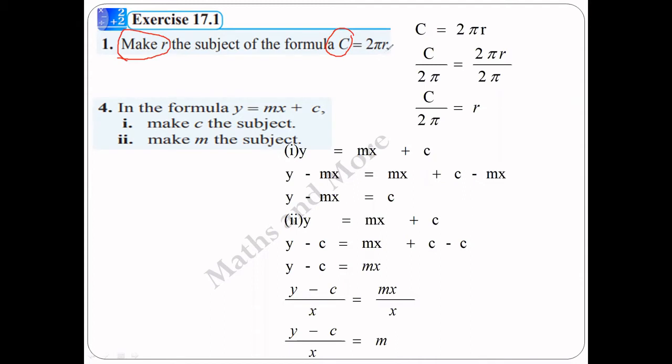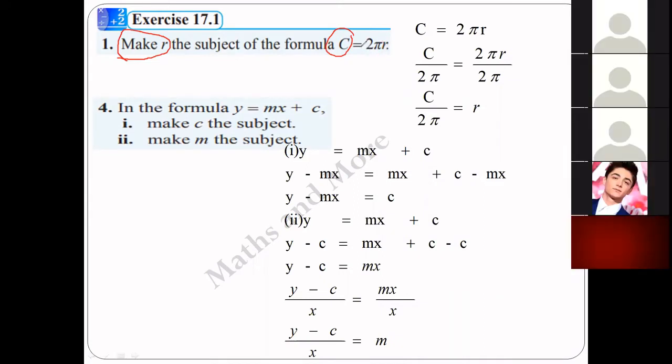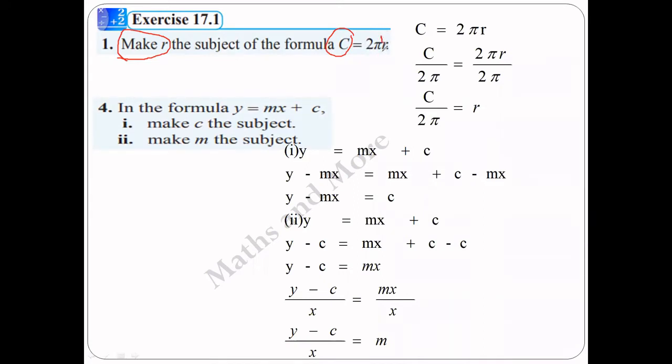Then how to do that? 2 phi R. With R, 2 phi are there. So you have to remove this 2 phi and keep only R in the right hand side. You have to break this into two parts and keep only R in the right hand side.